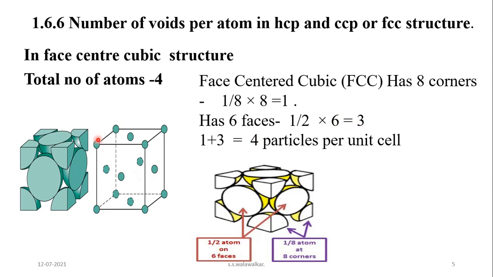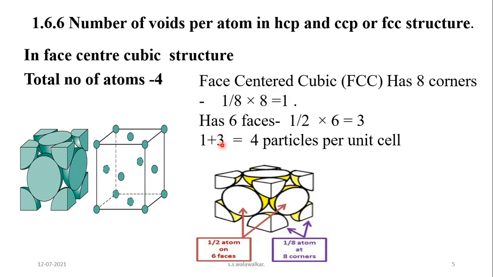And at the 8 corners 8 particles are there, but these are shared by 8 other unit cells. Therefore only 1/8 part belongs to this particular unit cell, and therefore 1 upon 8 into 8 is equal to 1.